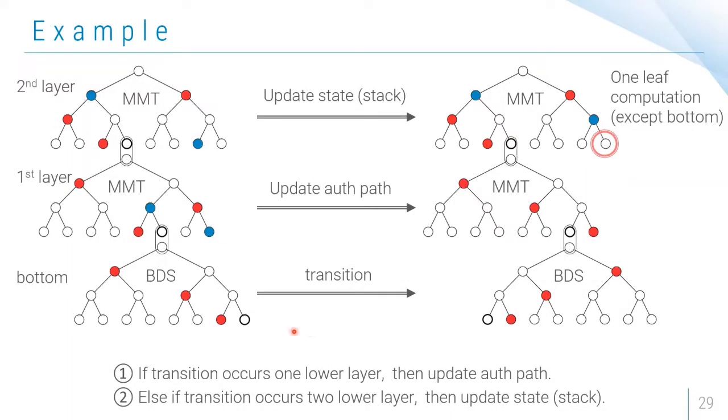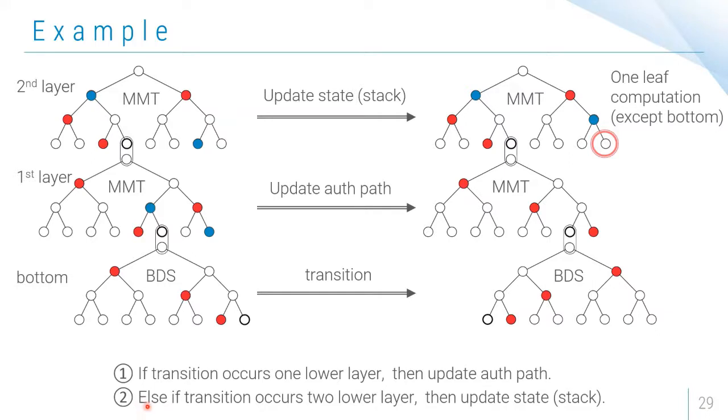Now a transition occurs on the bottom layer. So from the first condition, the authentication path on the first layer is updated. Nodes on stacks are denoted by blue nodes, and these nodes are popped to be the part of the authentication path on the first layer.